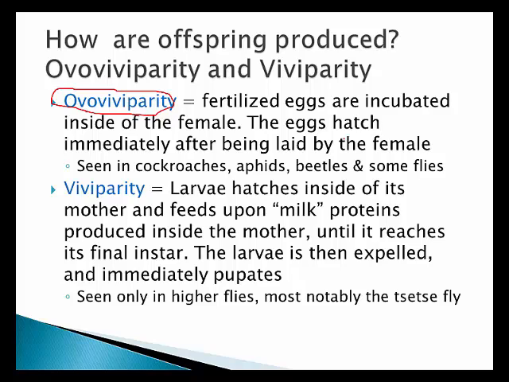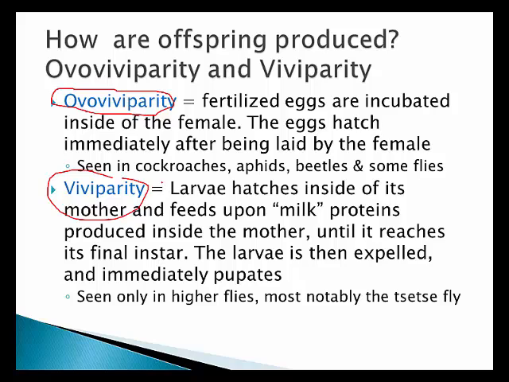However, it is possible for insects to be viviparous or larviparous, if you want to render it that way. We have some flexibility with the terminology here. And this is a really interesting life form among insects. The fertilized eggs are produced inside the female reproductive system, as they are in most cases.